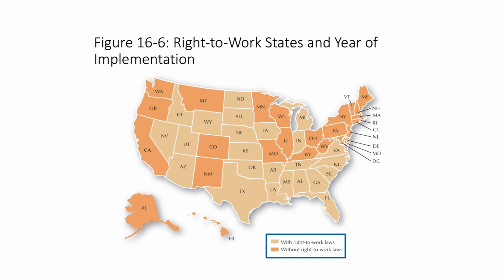I'll get it out in just a second. So this just gives you a depiction. The light color is with right-to-work laws. Without right-to-work laws are the darker ones, and you can see most of this is concentrated up north. But you can work in the South pretty much anywhere, and in the Midwest, without having to worry about joining unions.